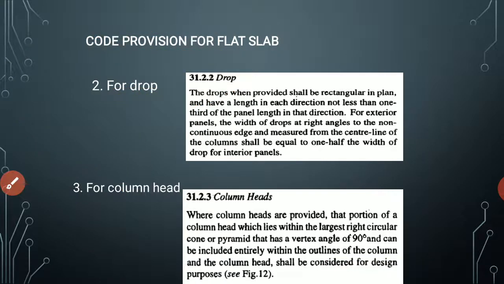Okay, so the size of drop for an interior panel should be the length in that direction, 1/3, into the length in the other direction, 1/3. So L1 by 3 into L2 by 3. L1 is the length in the parallel direction and L2 is the length in the perpendicular direction. Okay, this is for interior panel.